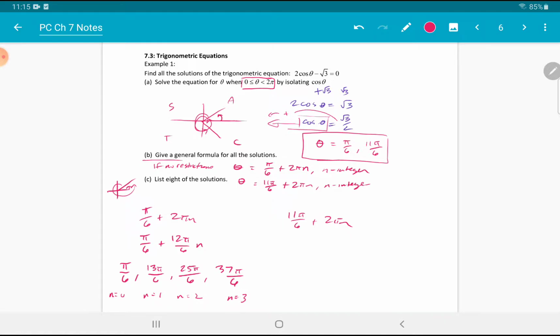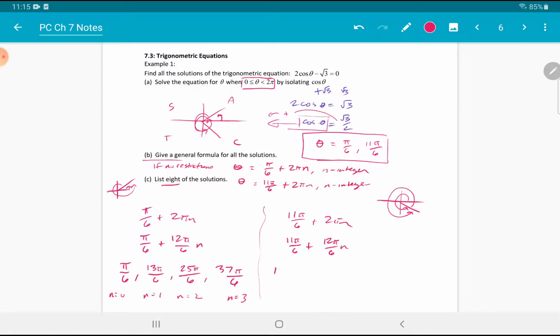Now I stopped here at 4 solutions because we need to find 8 solutions, so I figured it's basically divvying it up in half. We have 4 solutions for the first case and 4 solutions for our next case. So we have 11 pi over 6, and from here we can add coterminal values by adding 2 pi n. So it's like saying let's do 11 pi over 6 plus again 12 pi over 6 n.